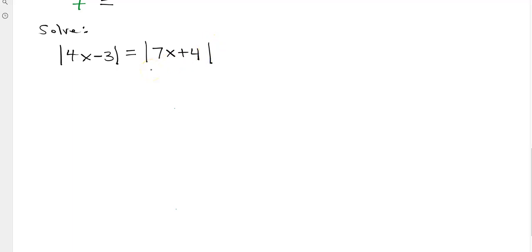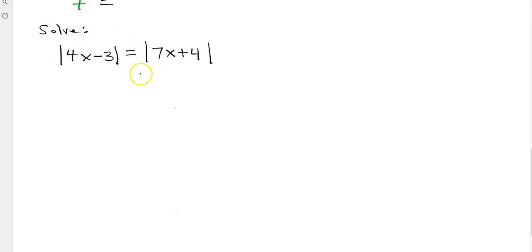All right. So on this one, it's kind of different, because we've got an absolute value equals another absolute value. And remember, with absolute values, we don't know whether it starts off positive or negative, because they always end up being positive.